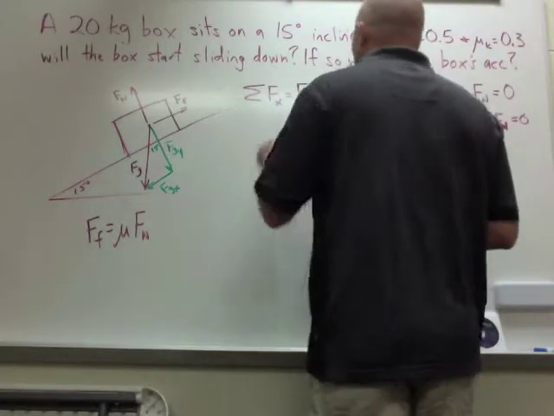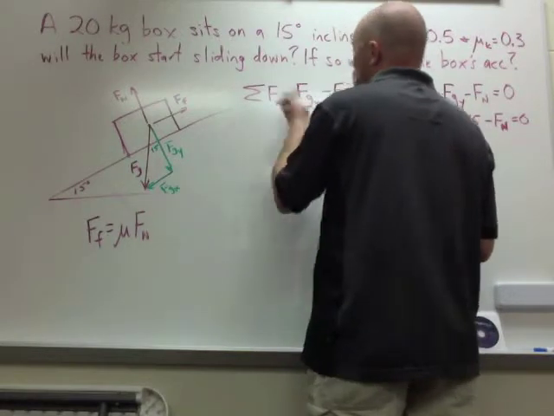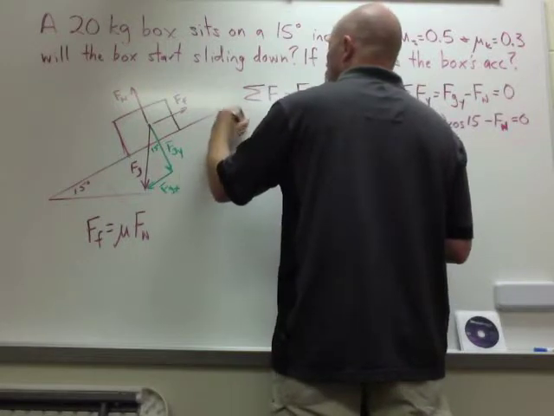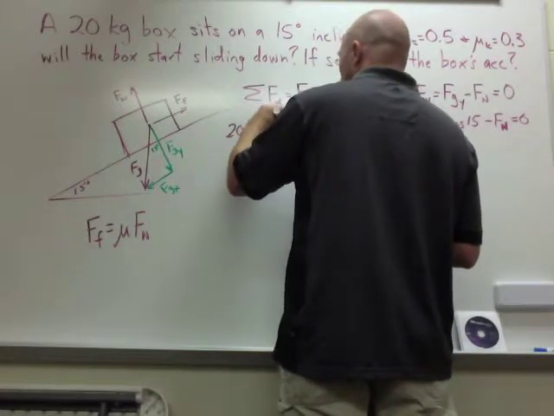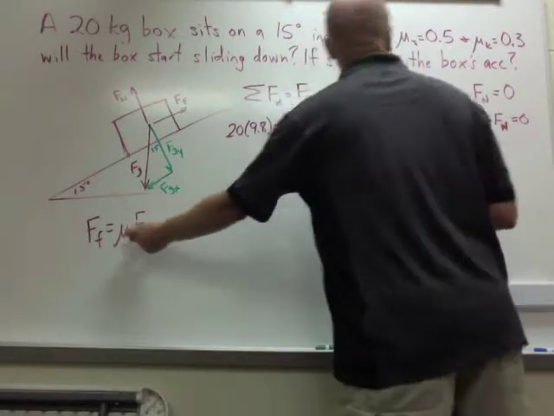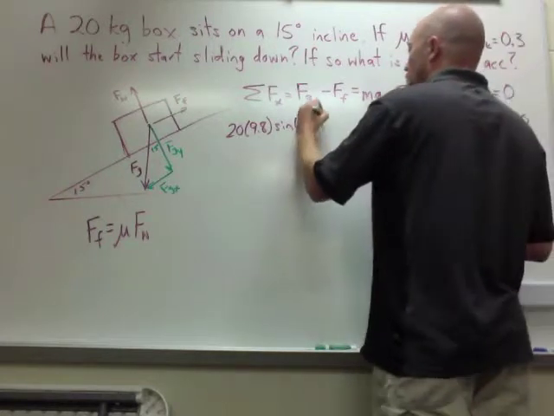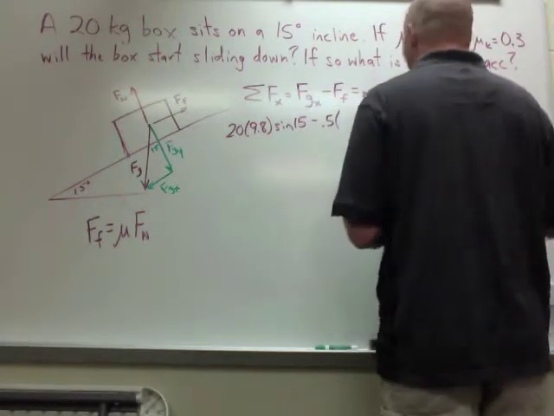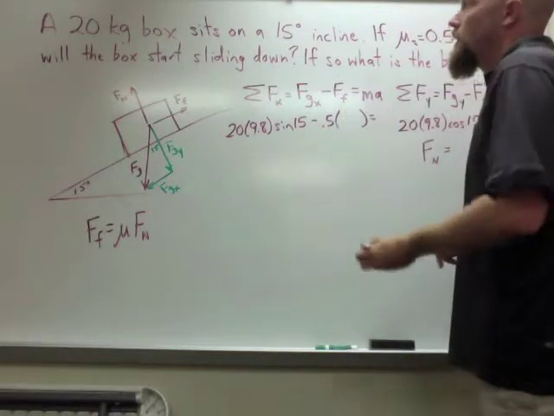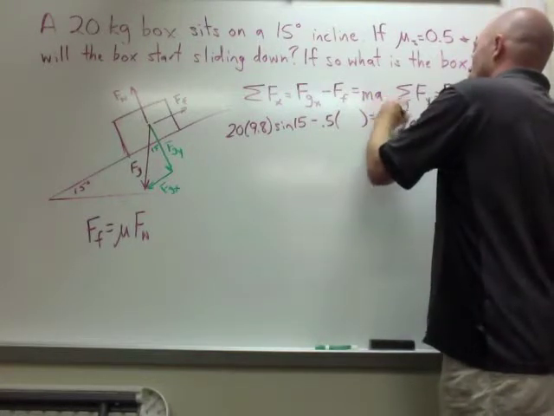And then on this side, I am going to have Fg parallel, which is the x component, so it would be 20 times 9.8 times the sine of 15, and then minus mu. First I want to see if it's going to be moving, which is going to be 0.5 times whatever I get for my normal force. So I'm going to plug that in, and then I'll get 20 times A.